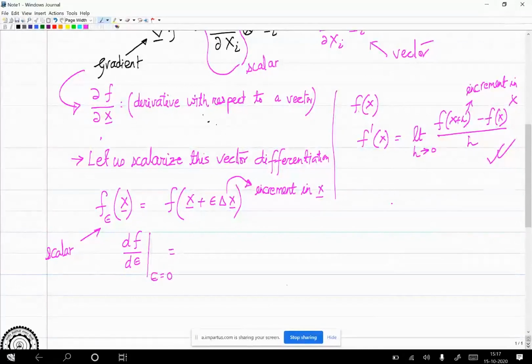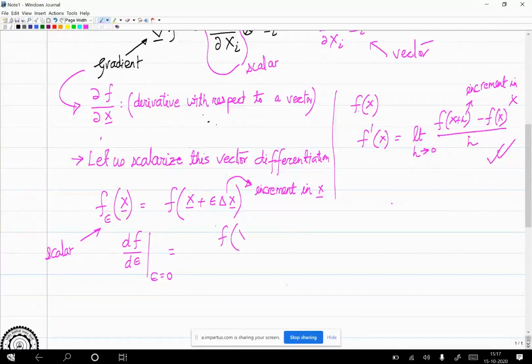So it's a function of epsilon basically. So any idea how should I do it? So we can take differentiation of f and then the argument, means like chain rule.